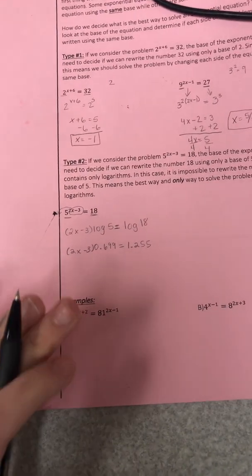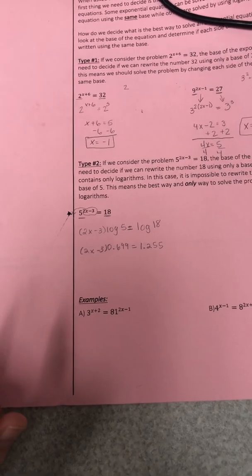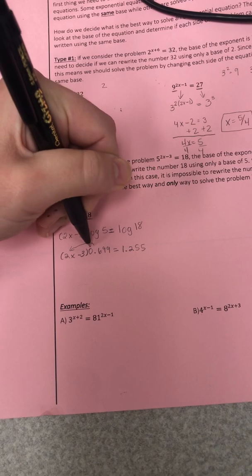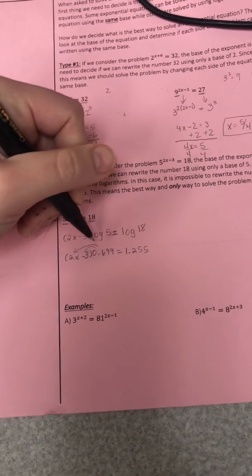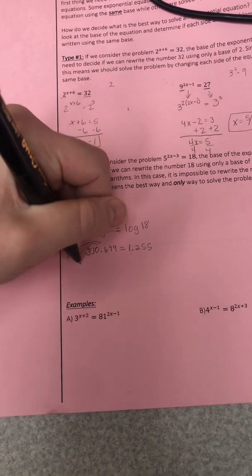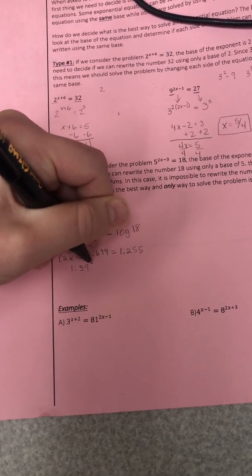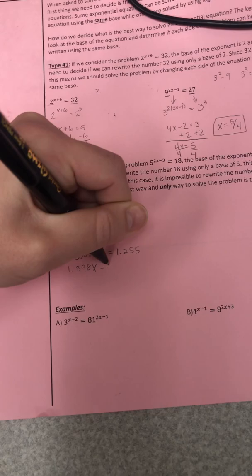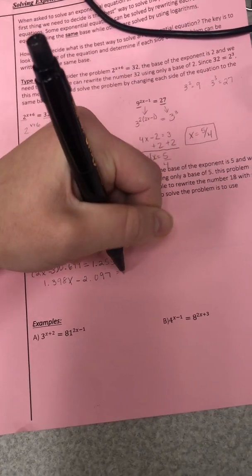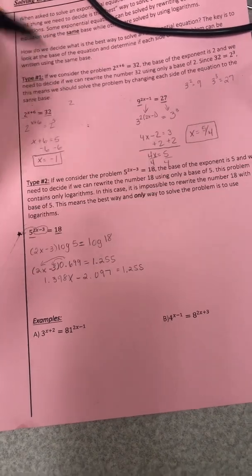I've already done this math, so I'm just going ahead and writing it out. So I'm going to distribute this 0.699 to both of the terms in parentheses. Once we do that, we'd get 1.398x minus 2.097 is equal to 1.255.